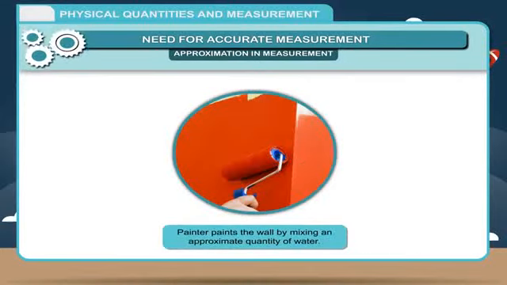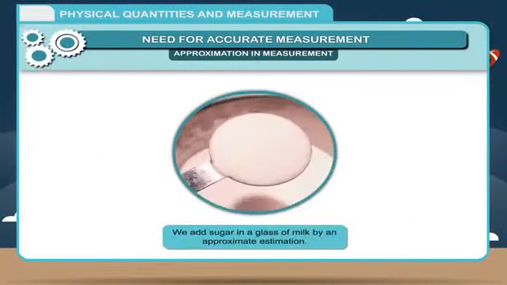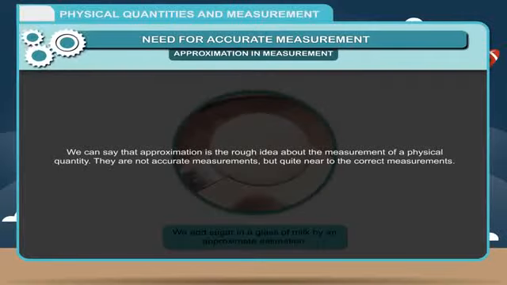Painter paints the wall by mixing an approximate quantity of water. 3. We add sugar in a glass of milk by an approximate estimation. Hence, we can say that approximation is the rough idea about the measurement of a physical quantity. They are not accurate measurements, but quite near to the correct measurements.